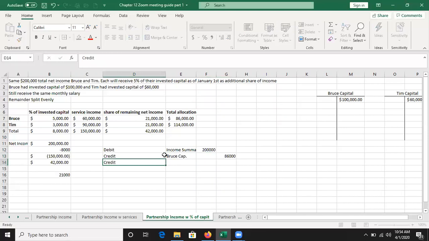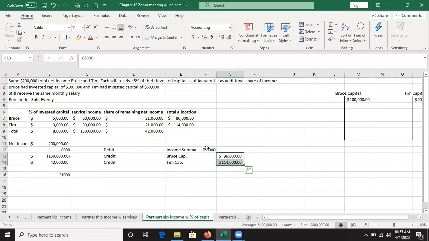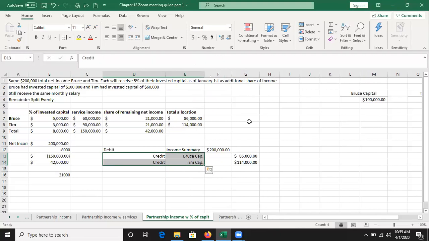And we're going to credit Tim Cap for 114,000. Okay, so that's the journal entry. It's just a new way to figure out this value because of what's going on up here.